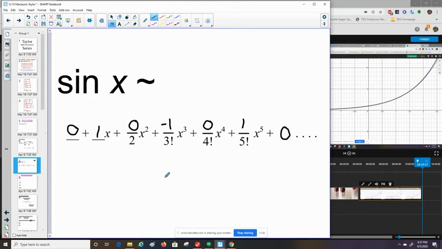So if I get rid of my 0 terms, sine of x is approximately, our Taylor series, or Maclaurin series in this case, representation is, I'm going to call that just x, 1 times x minus x cubed over 3 factorial plus 0 plus 1 x to the 5th over 5 factorial.